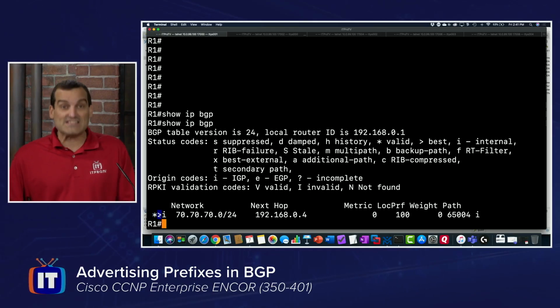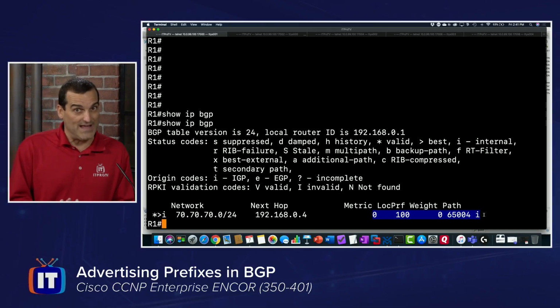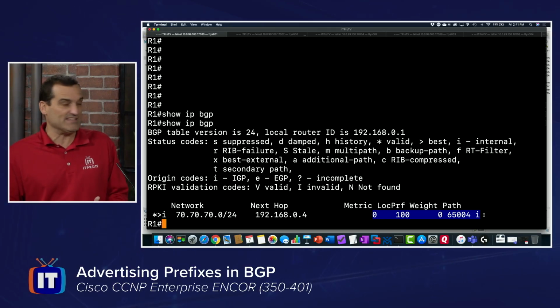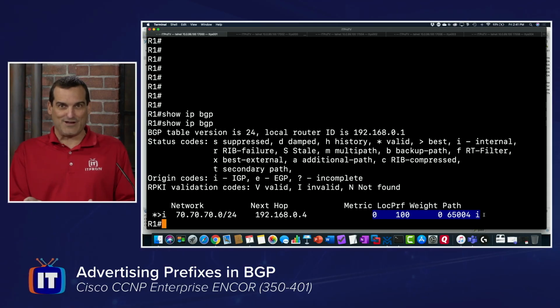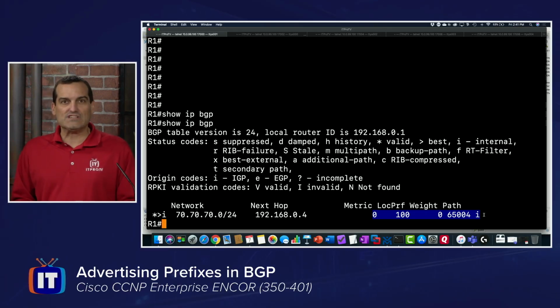It is the best path that has been recorded. The best way to get there is to use the next hop of 192.168.0.4. There's the network and the mask. And then these are the various attributes that we can manipulate, some of them, to influence the best path decision. We're going to have an episode on that for you coming up. So that show ip bgp shows us that prefix in the BGP table.